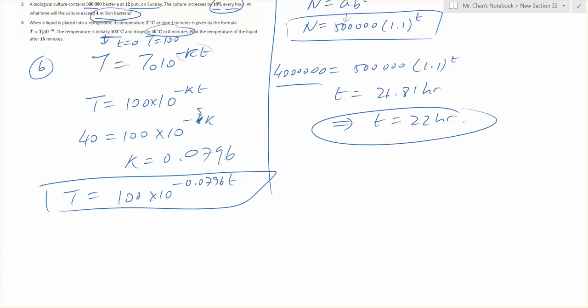I need to find what I need to use the model for, which is find the temperature of the liquid after 15 minutes. So at t equals 15, I just sub that into my model. 100 times 10 to the power negative 0.0796 times 15.